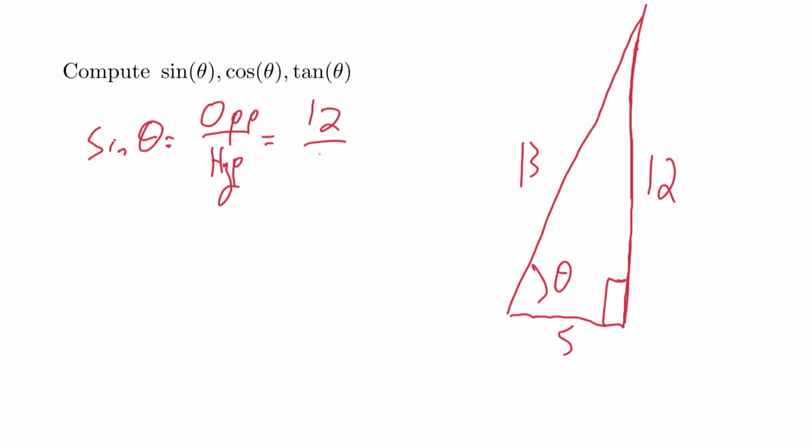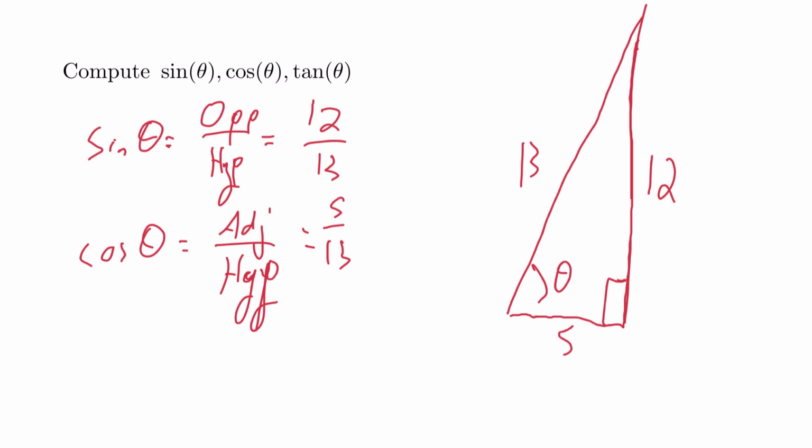So 12 over 13. Cosine of theta is adjacent over hypotenuse. So 5 over 13. And tangent of theta is opposite over adjacent. So 12 over 5.